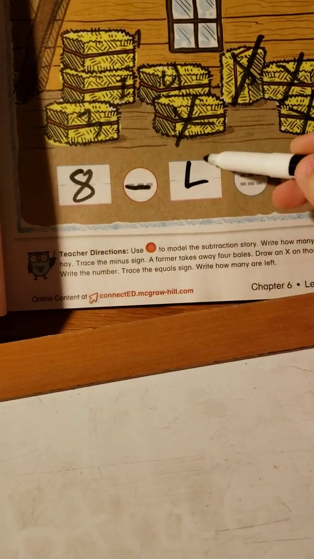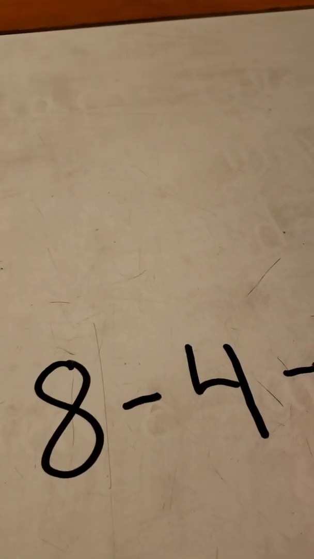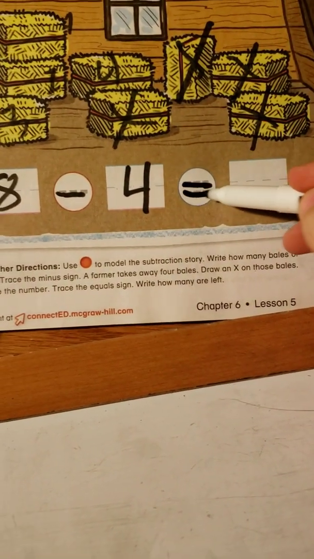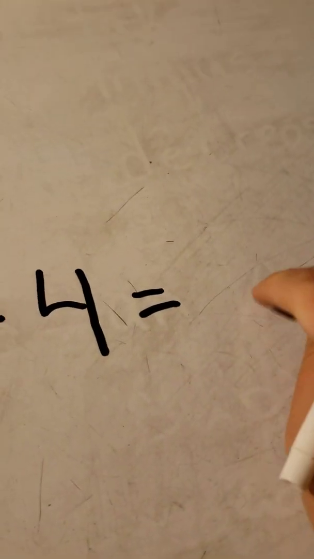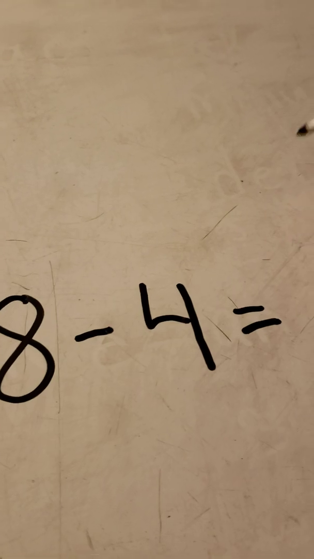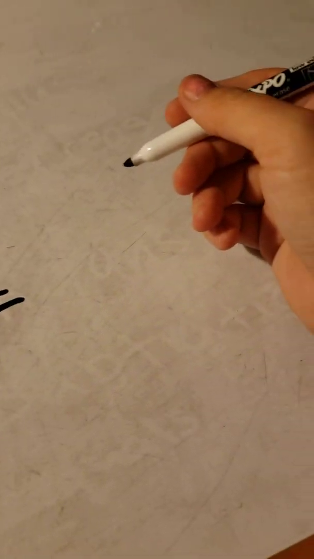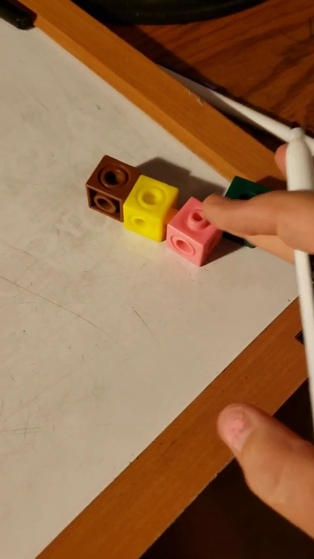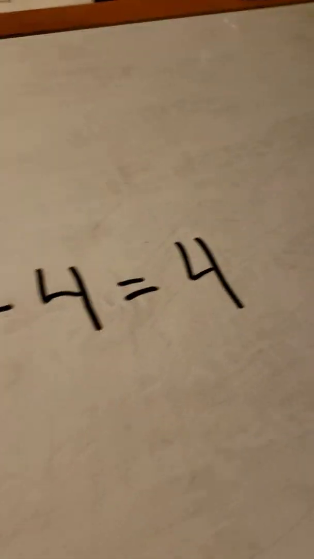So that's what you're going to put here. Now we trace the equal sign. Now we're caught up with our directions. Now write how many are left. So that's going to be our difference. Very good. So how many did we say were left? 1, 2, 3, 4. Very good. 4. Just like that.